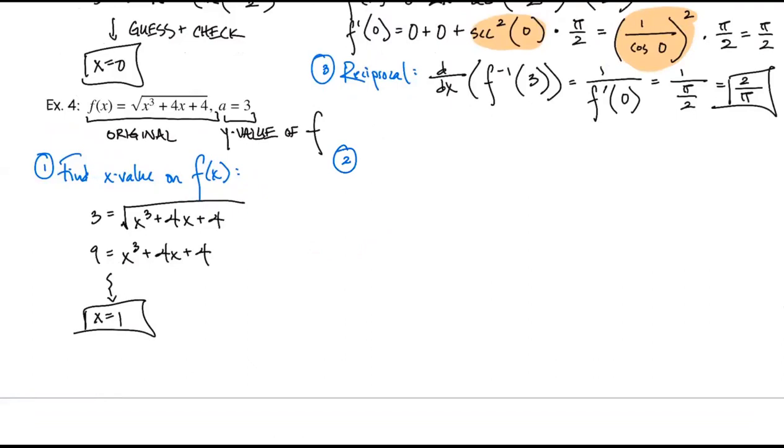All right, let's find our f prime of 3 or f prime of 1. Good, f prime of 1. And we're going to find that derivative first. And as I'm writing this down, what rule or rules are we thinking we're going to need to use?